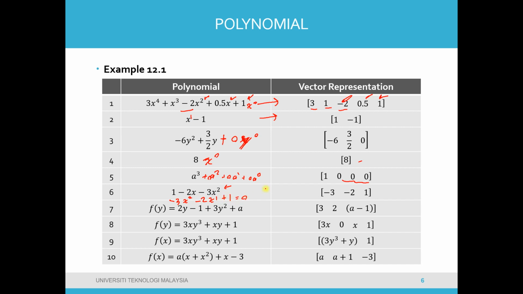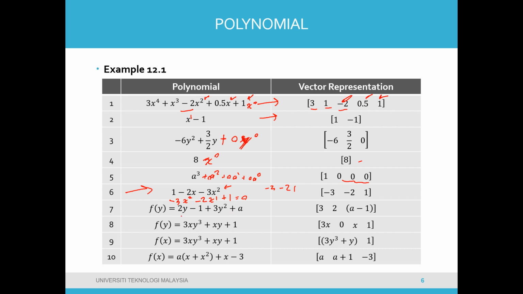So you can see here negative 3, negative 2 and 1. Make sure you arrange according to the order. There were a lot of mistakes on this before, so I repeat again, make sure you rearrange this.